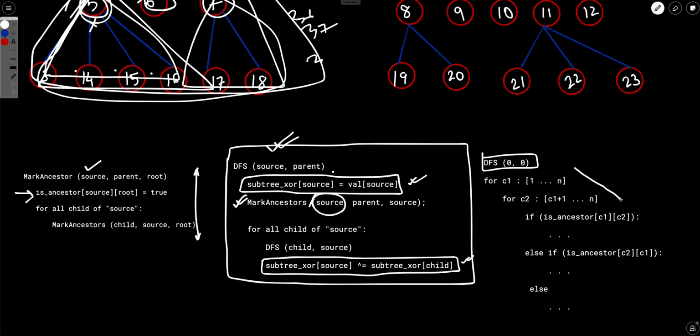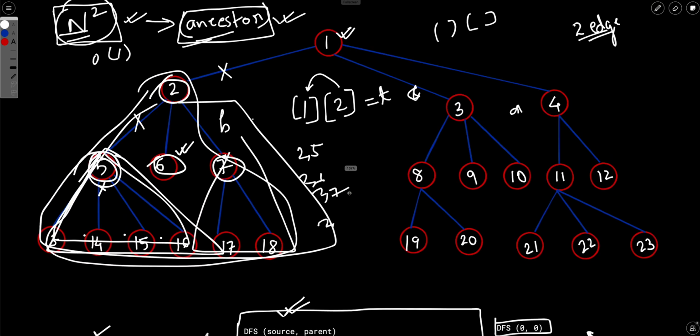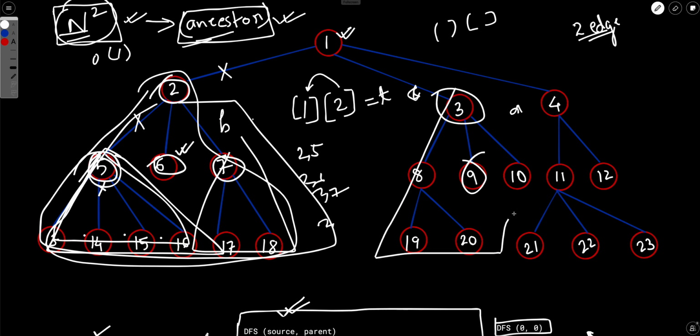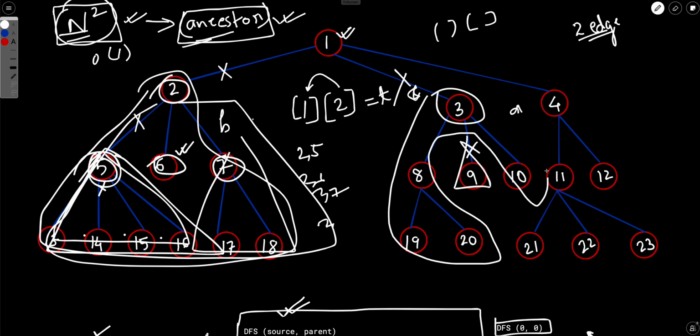Now after that we will iterate over the two edges. Either you can iterate over the edges or you can just iterate over the values. So basically, let's say you pick 3 and 9. In a way, you are saying the first edge is this and the second edge is this, and hence the first component is this and the second component is everything excluding this.